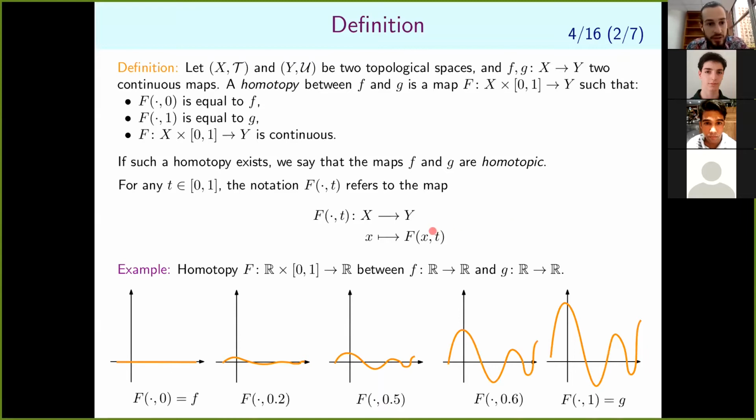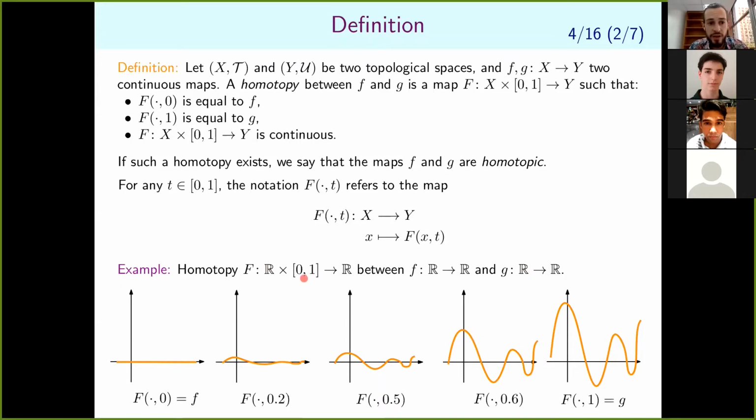Let me give you an example. I consider two maps, f and g, between R and R. The first map f is the constant map equal to 0, and the second map g is this map here. When I say again that they are continuous, it means that they are continuous with respect to the Euclidean topology on R. And here I drew a homotopy between f and g.